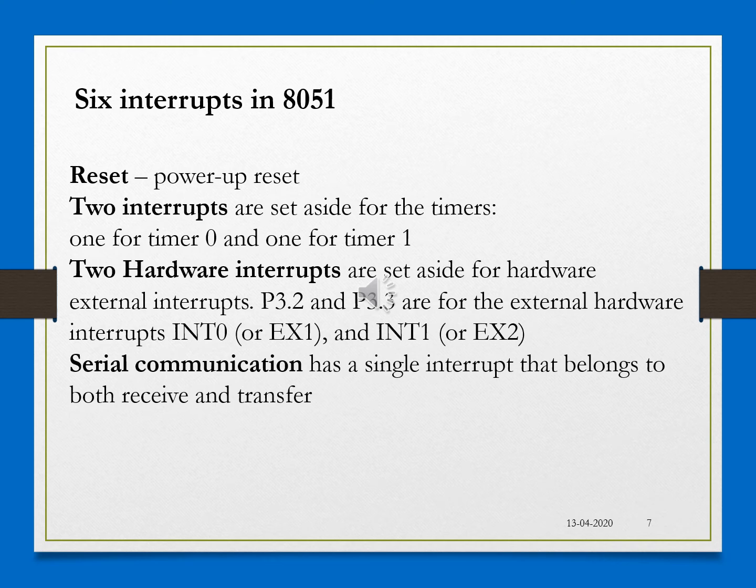Remember, P3.2 and P3.3 are used for external hardware interrupts INT0 and INT1. Then one more interrupt is from serial communication, which belongs to both receiving and transfer of data. So in total, 6 interrupts in 8051.